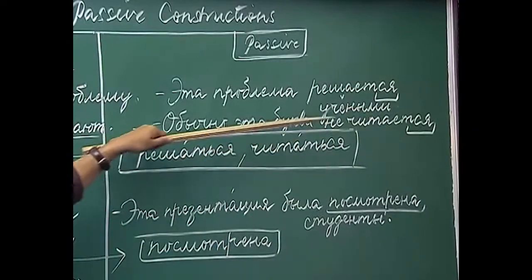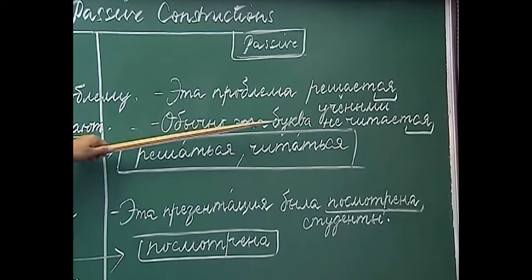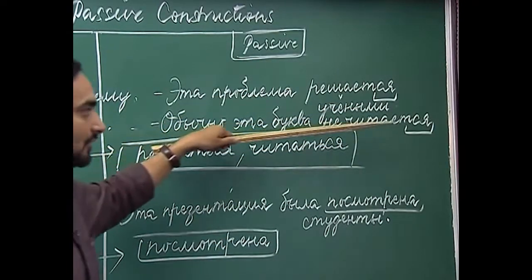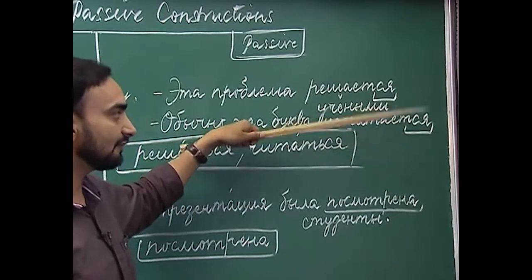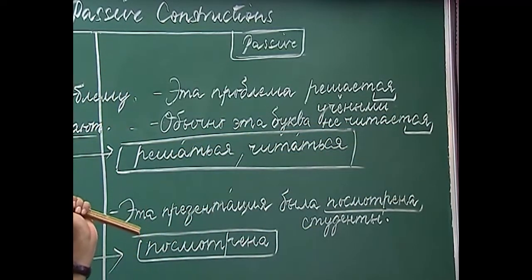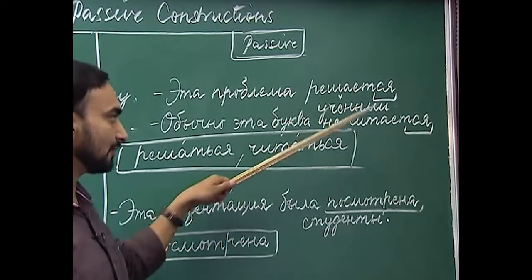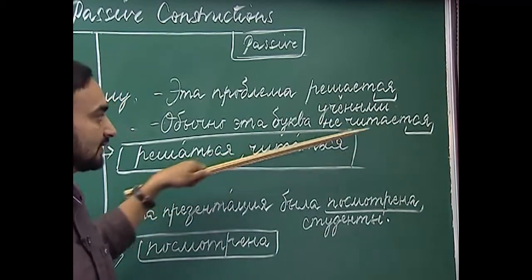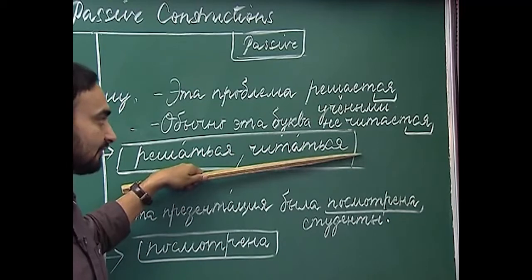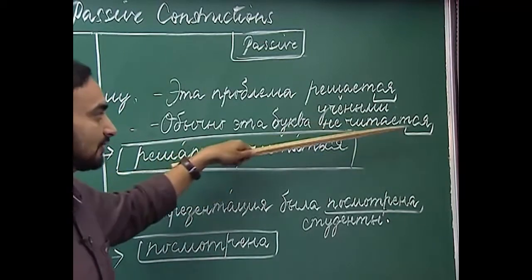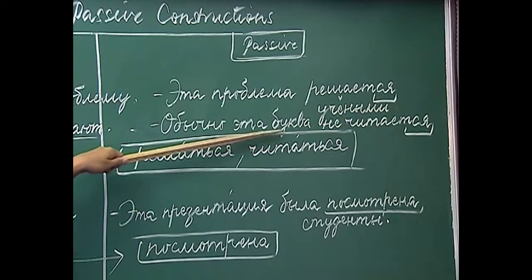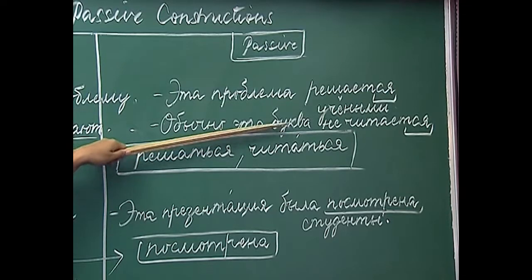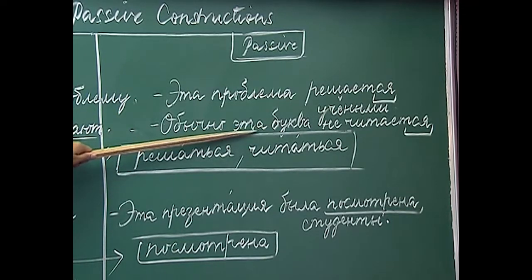So, here you have to bring the object to the beginning and use the verb which is the reflexive of the verb used in the active construction. So, from chitaj we have changed it into chitatsa, which is the reflexive verb, and then you have to use it accordingly, depending on the number of the subject.